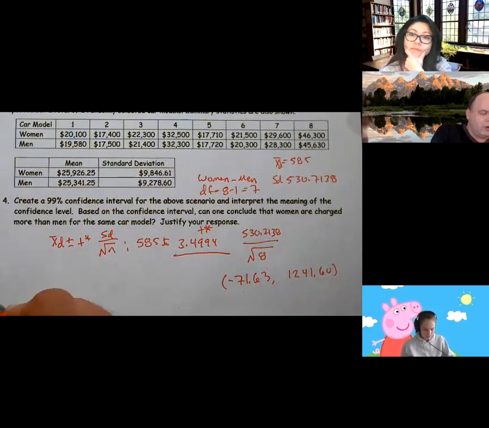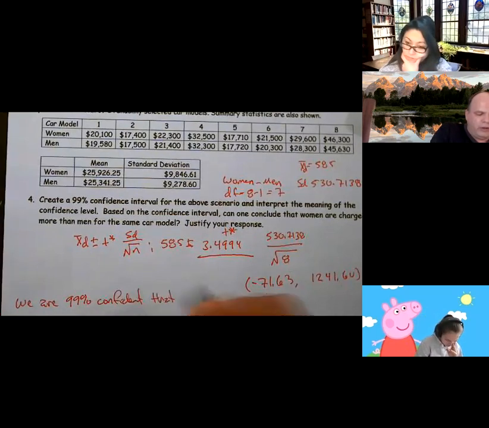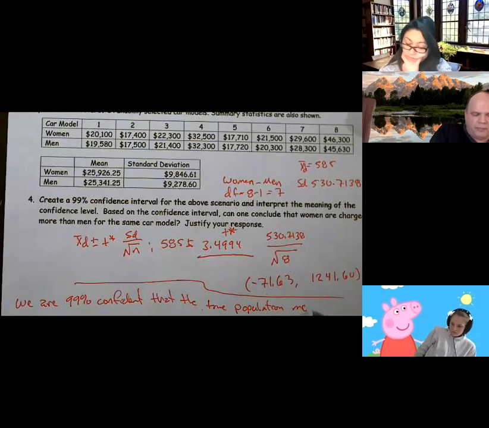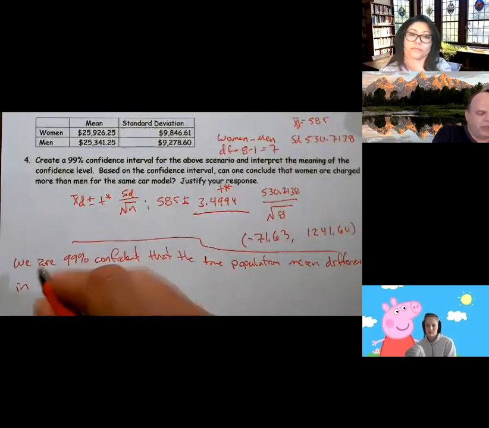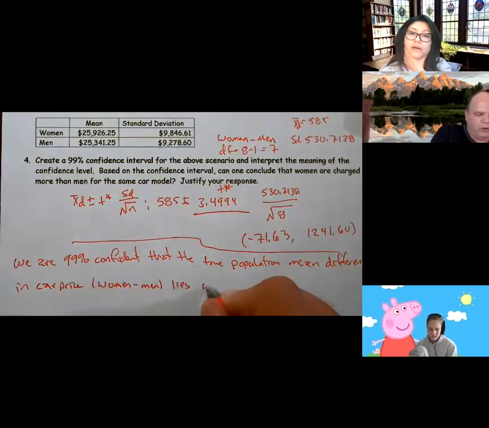So we are 99% confident that the true population mean difference in car price, women minus men, lies within the interval negative 71.63 to 1,241.60.